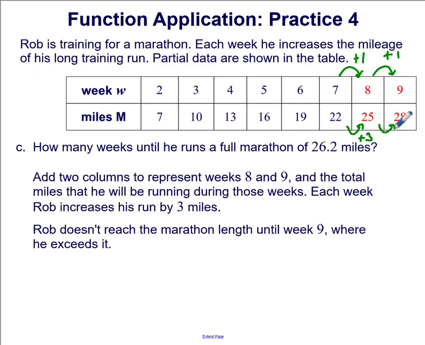And then for week 9, we add another 3 to get to 28 miles. And we stop here because we have 28, and 28 is greater than 26.2. So we can stop, as we've answered the question. Rob doesn't reach the marathon length until week 9, where he actually exceeds it.